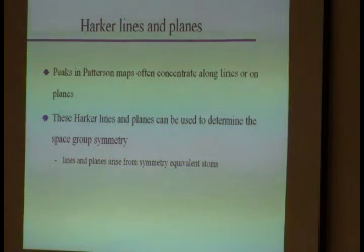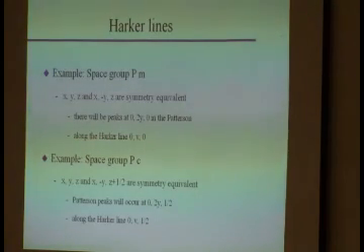So, you can directly tell something about your space group by looking for Harker lines or planes in your Patterson map. Now that's obviously very powerful because, as we all know, finding out the space group of our material is one of the things that we definitely want to do. So, Harker lines.